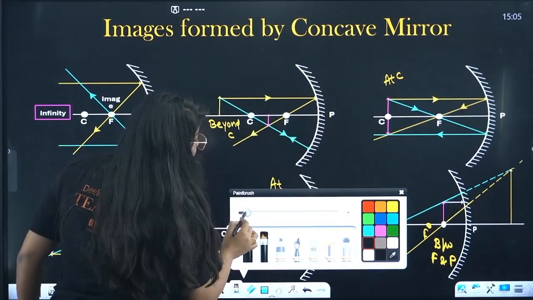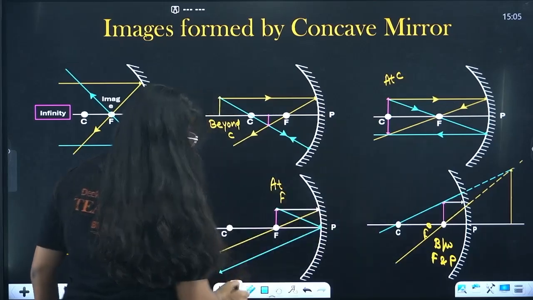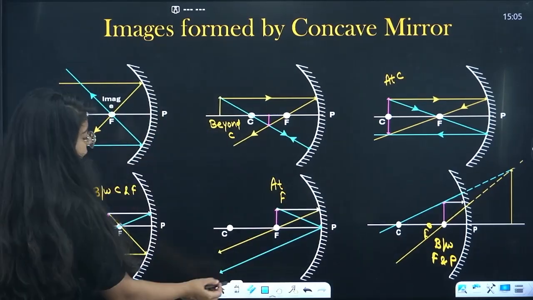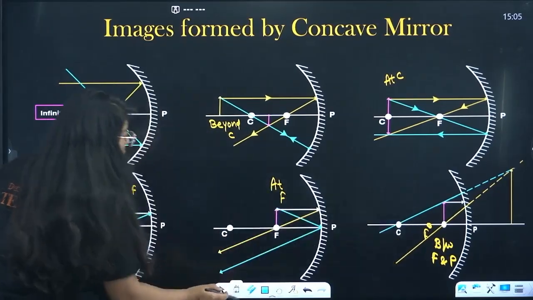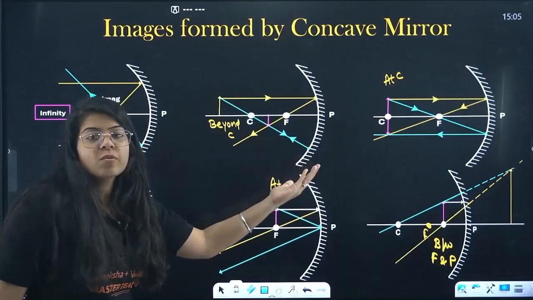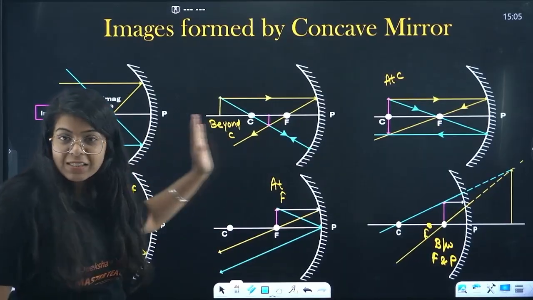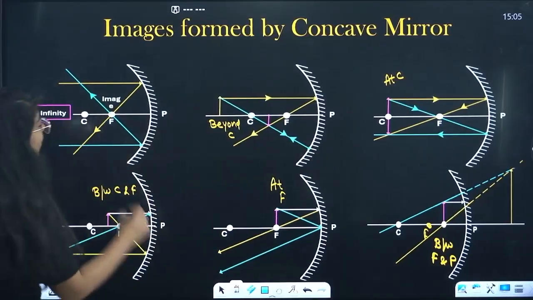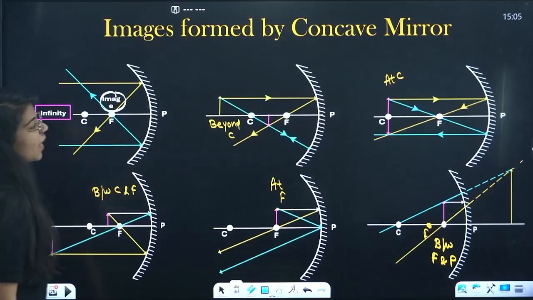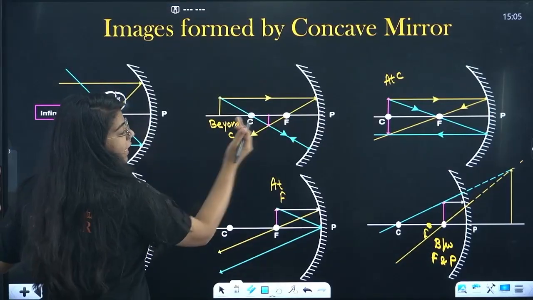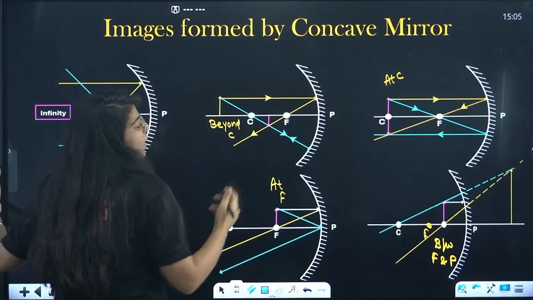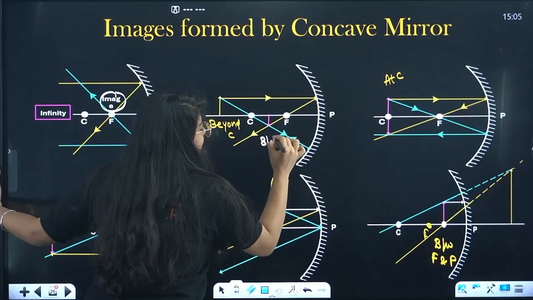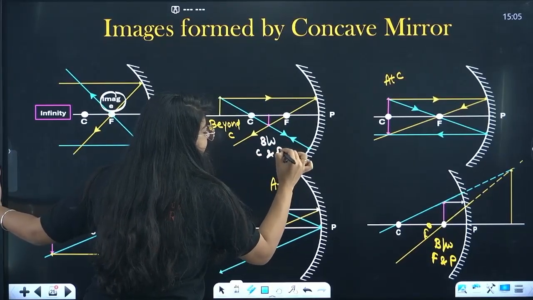Now, beta, if you look at the images clearly, as the object is coming closer, the image is going away. First, the image was at focus. Then the image came on the opposite side of the mirror. It came between C and F, right?